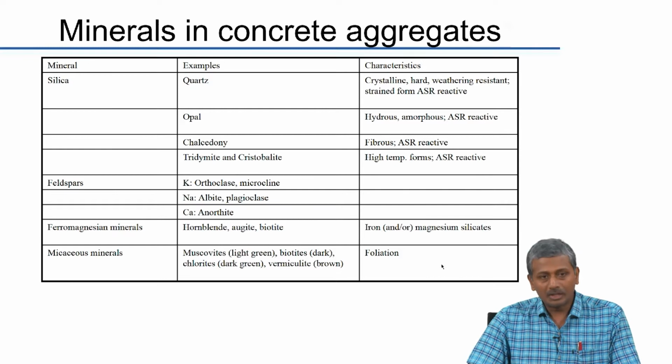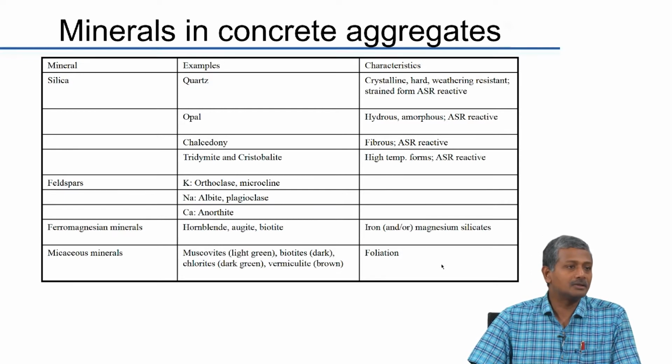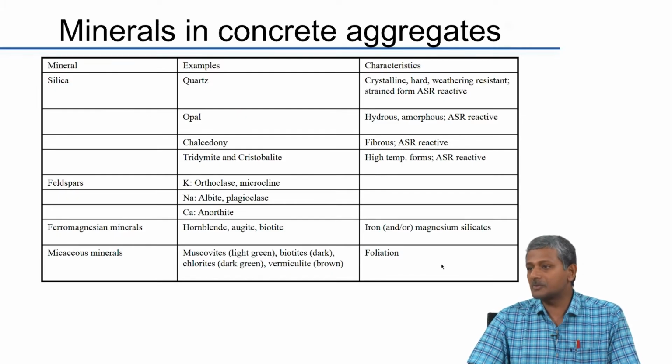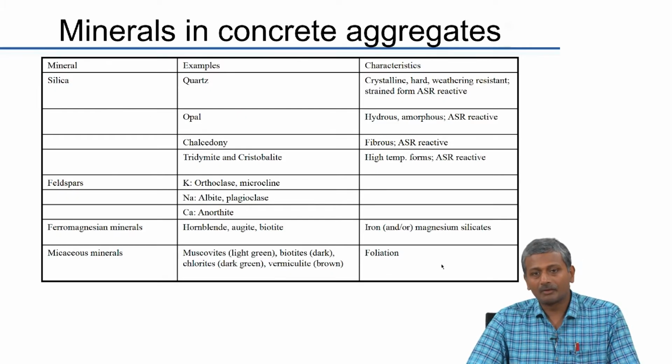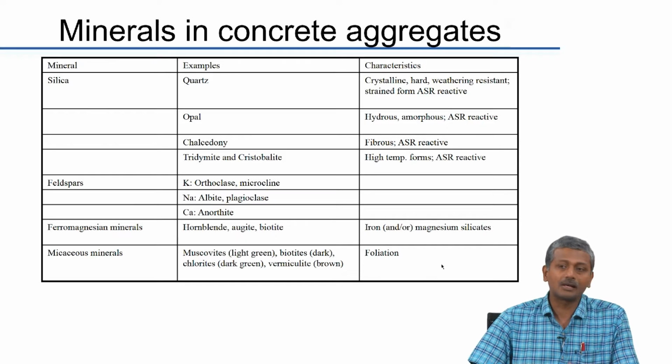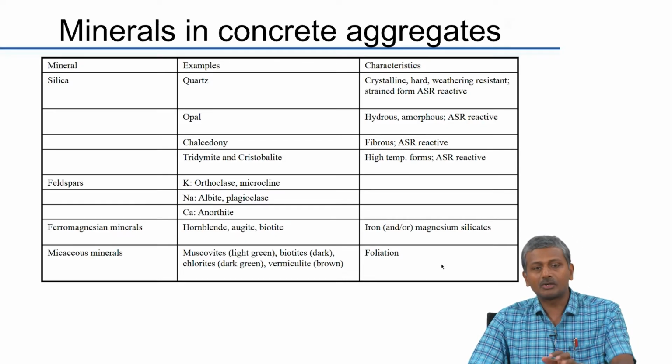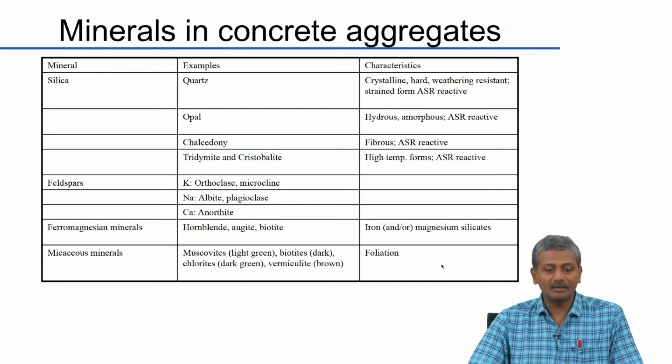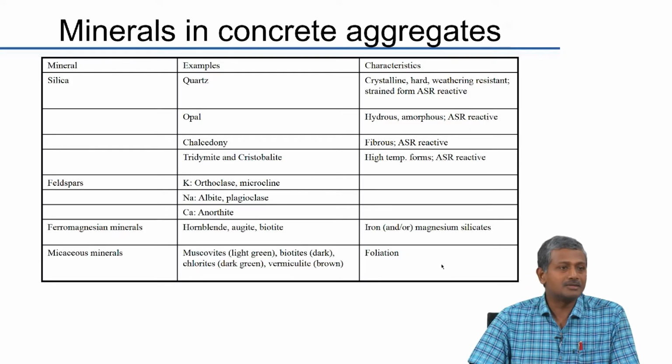Typically quartz is not reactive at all, it is highly inert, it is very hard and crystalline, but you may get certain forms, especially the ones in metamorphic rocks, which may end up being quite reactive as far as alkali-silica reactivity is concerned. Anyway, we will talk about ASR specifically towards the end, but in general quartz is known to be not reactive, but then it can be in certain types of rocks.